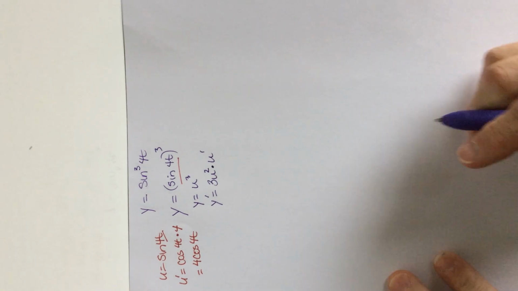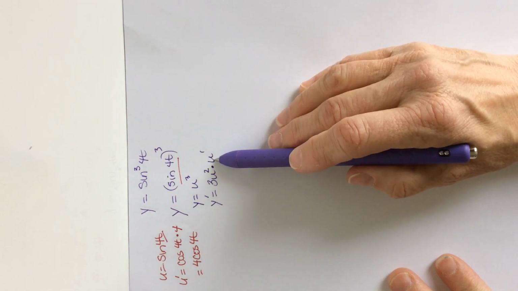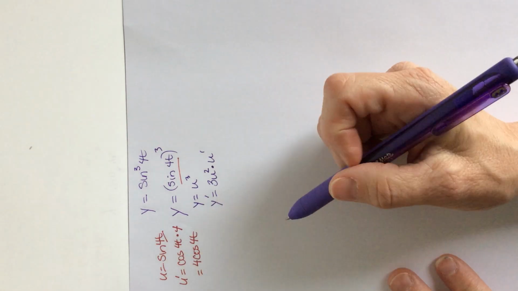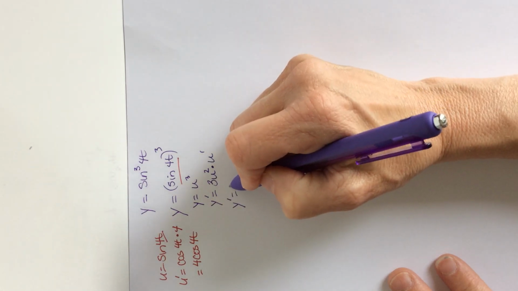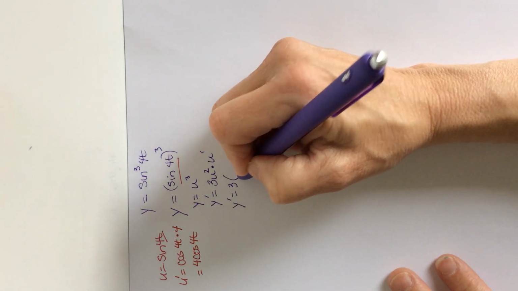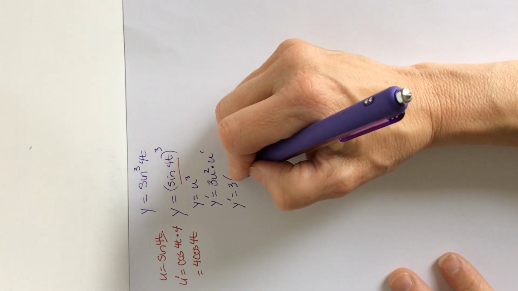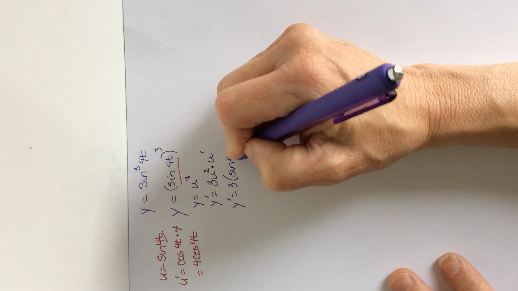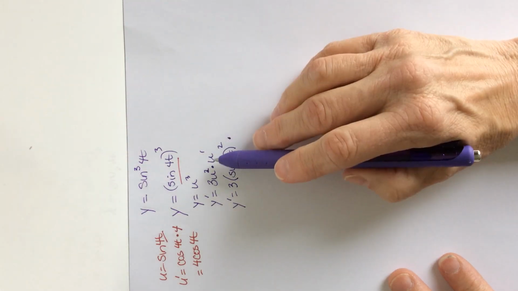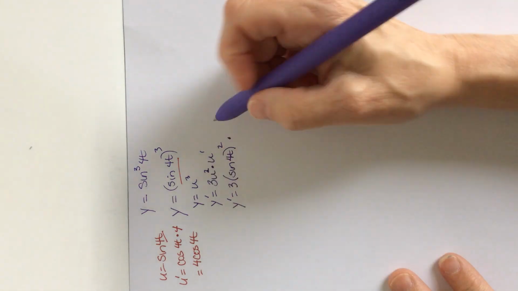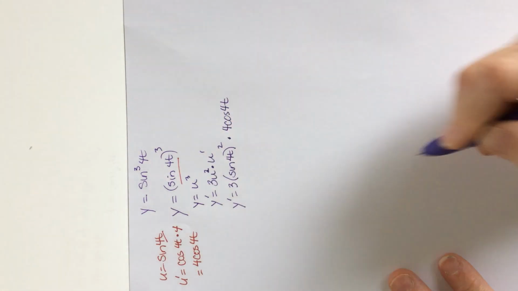And so I will now replace my u and the u prime with their x counterparts, and we get y prime equals 3 times, my u is sine of 4t, squared, times u prime, which was 4 times cosine of 4t.